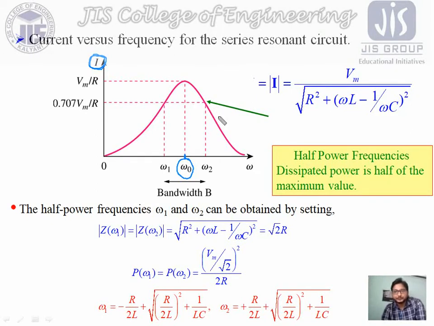Till now we have discussed only these graphs. Now we know the current equation: I is equal to Vm divided by root over of R square plus omega L minus 1 by omega C, whole square.